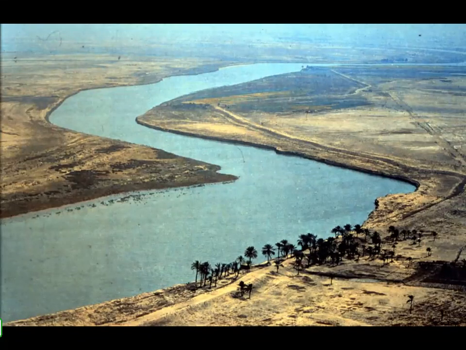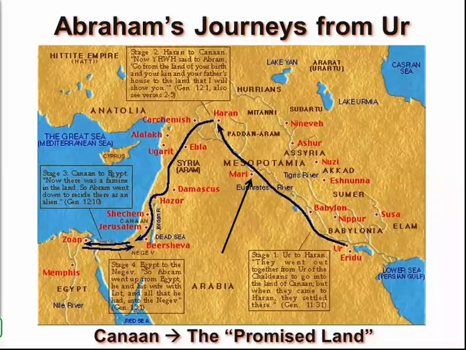For 2,000 years, Mesopotamia had been the center of Bible history, but the focus was about to be on the land of Canaan. Abraham's journey would have taken him past Babylon and Mari, where the black arrow is pointing. But up until the 1930s, it was not known that such a place as Mari ever existed.